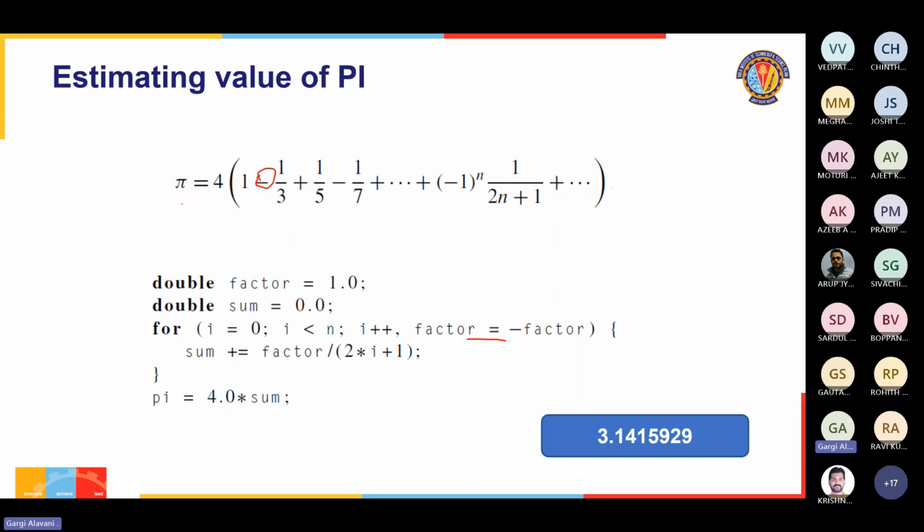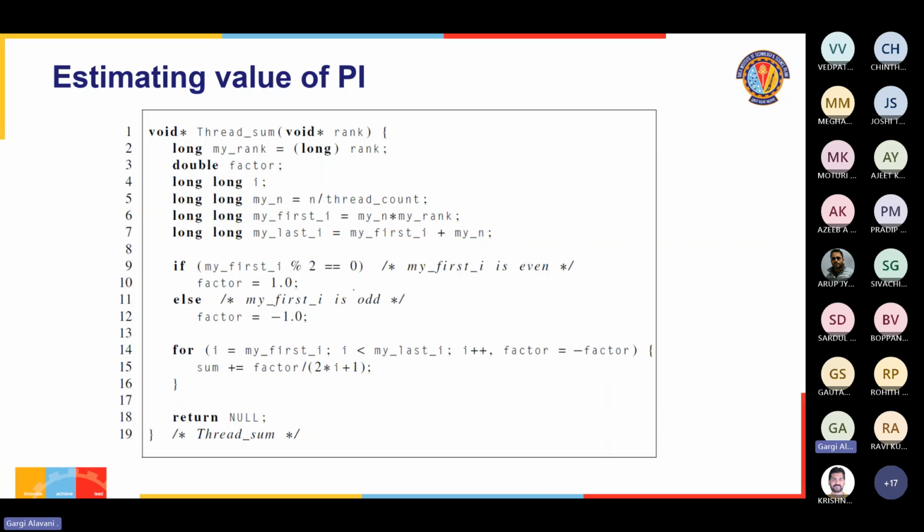So this is important, where it becomes positive and negative, the factor is important. Hence you need this part in your code where you check if my first mod 2 is 0, that means it's even. If it's even, it's a positive factor. If it is odd, then it becomes a negative factor. This is very important.